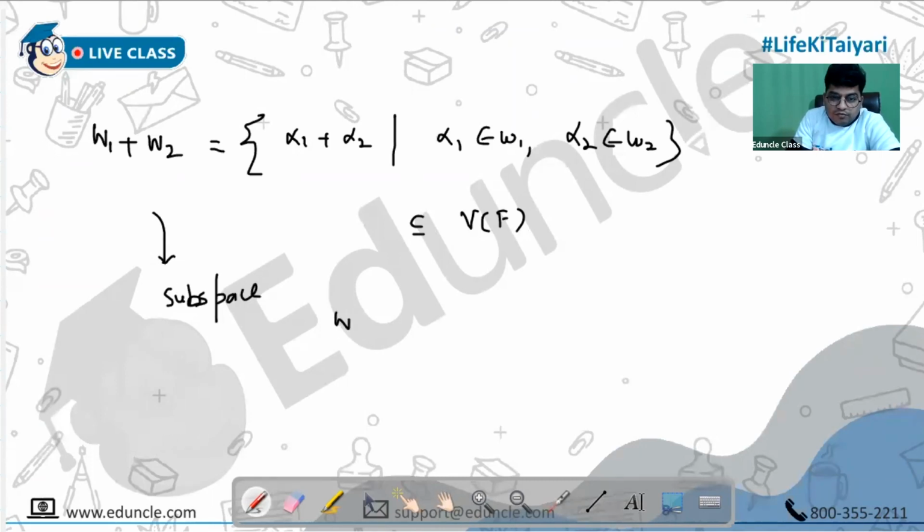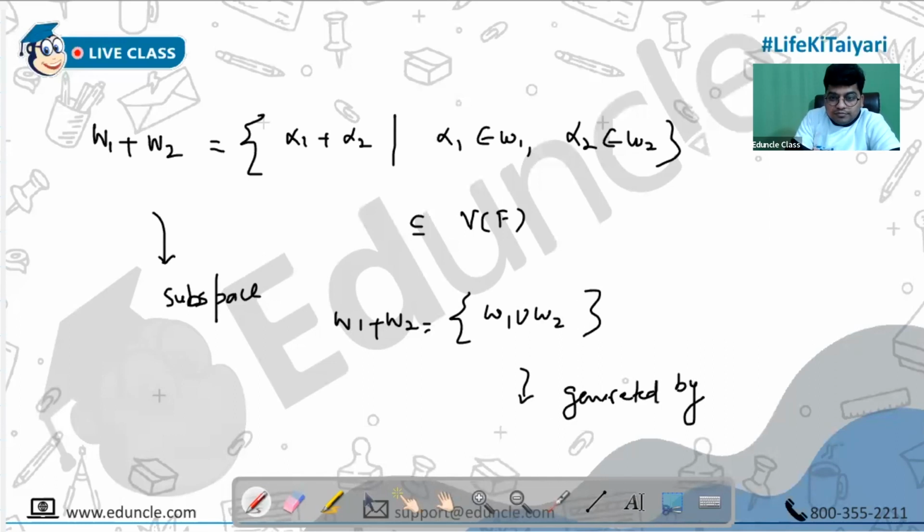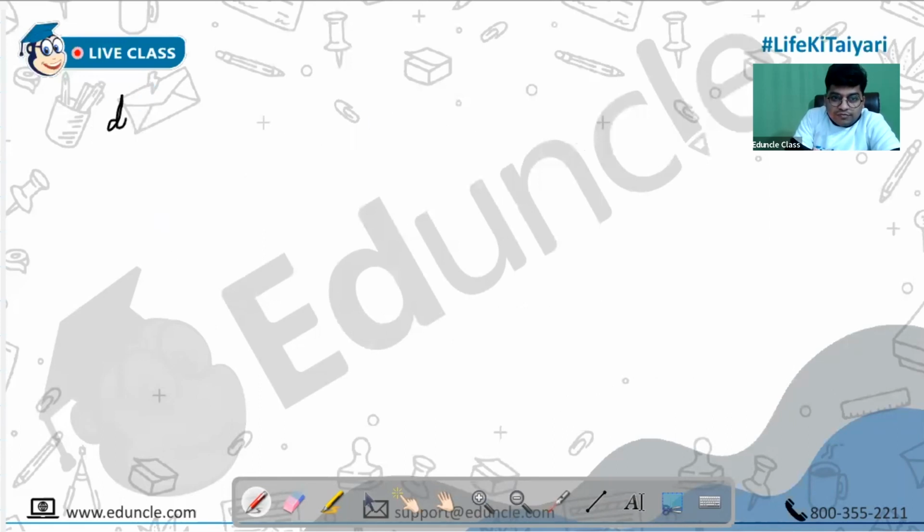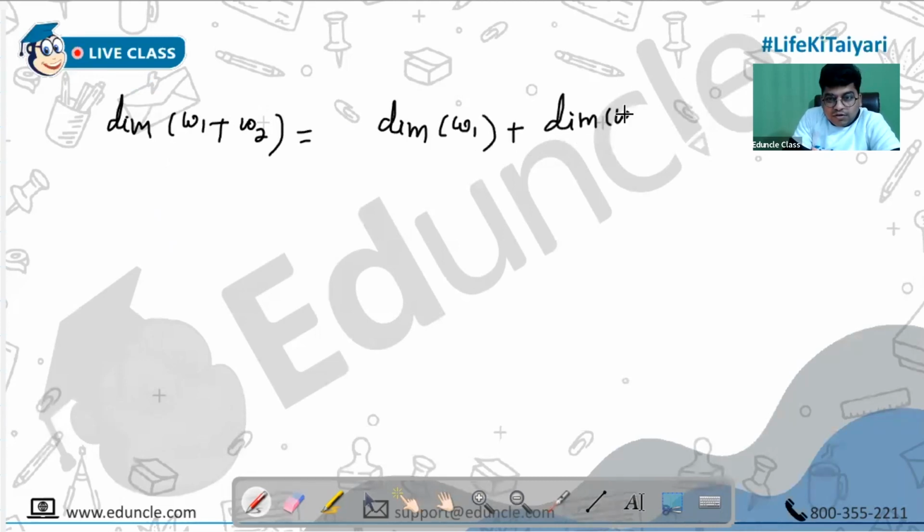And this subspace W1 plus W2 is generated by W1 union W2. And the dimension of W1 plus W2 is equal to dimension of W1 plus dimension of W2 minus dimension of W1 intersection W2.